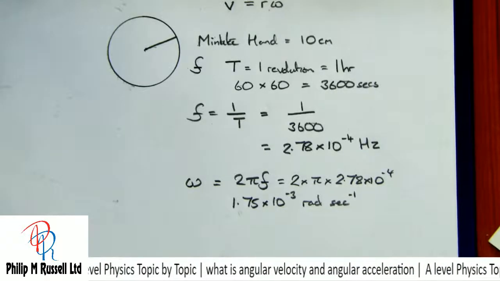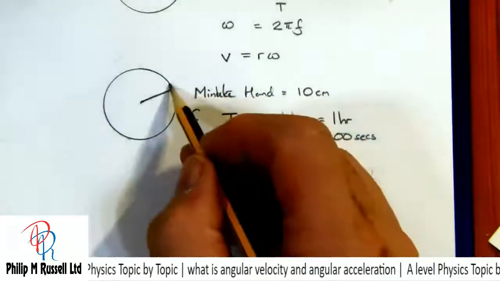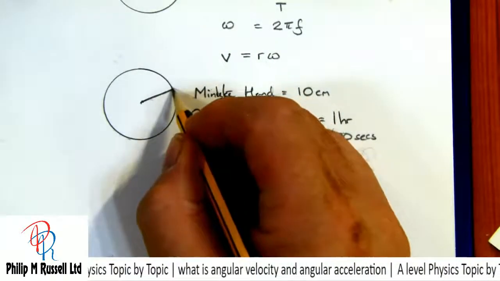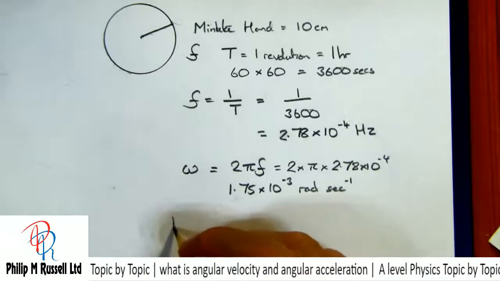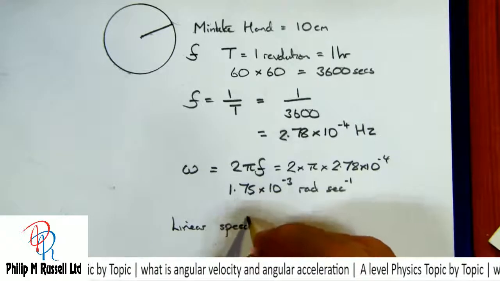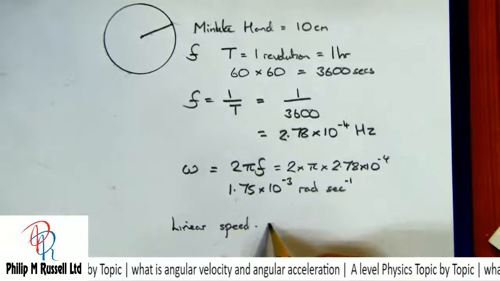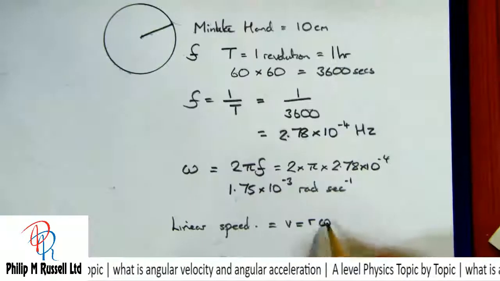If I want to work out the linear speed at the end here, my linear speed is going to be v equals r omega.